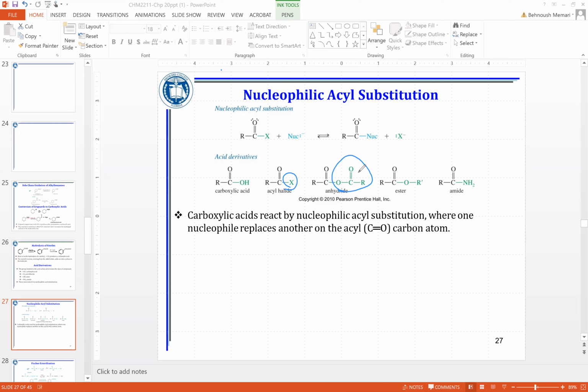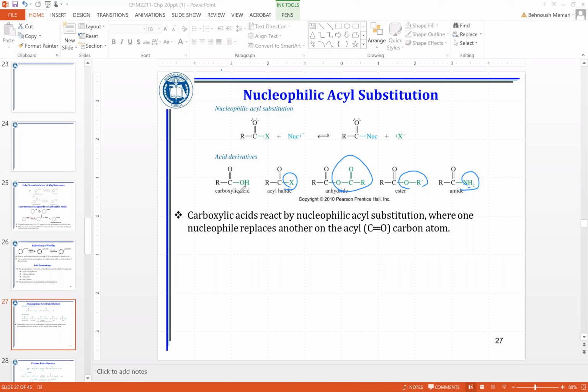With OR, it gives you ester, and replacing OH with NH2 gives you amide. For each of these compounds, you need to know how to prepare them, and some of the naming and properties of those acid derivatives as well.